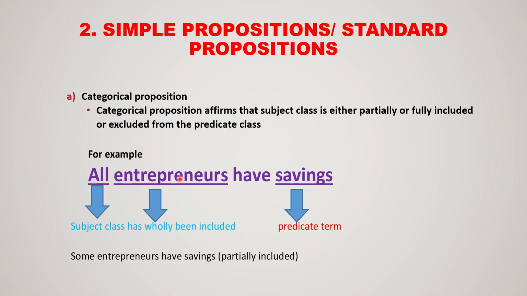That is all about how you form simple or standard propositions, which are very important in this area when it comes to critical thinking and logic, and how we are going to form arguments. So remember, a simple or standard proposition will either include, exclude, or partially include the subject in its predicate.